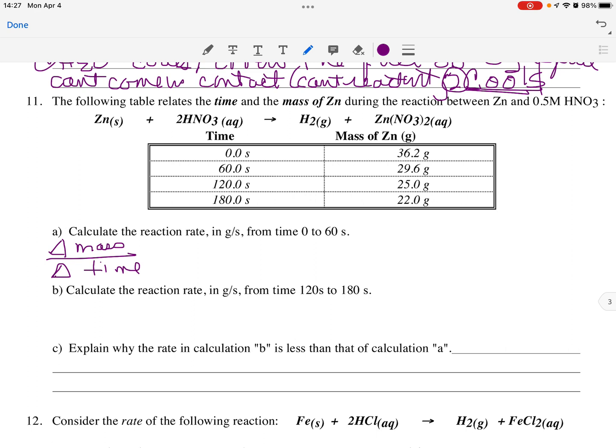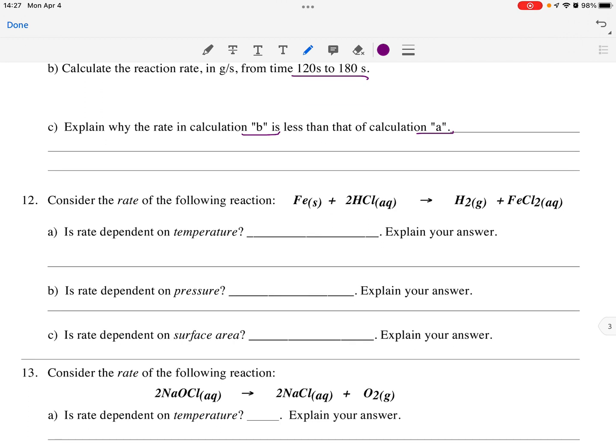And this is going to be the same, just at a different interval. And then think about this question. Check my key. This you can do and check.